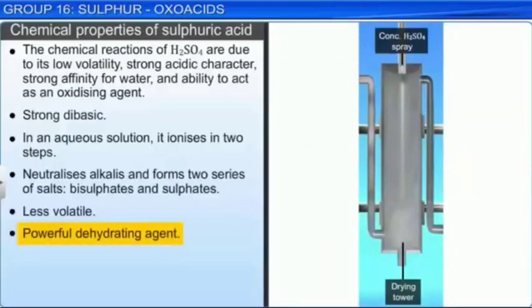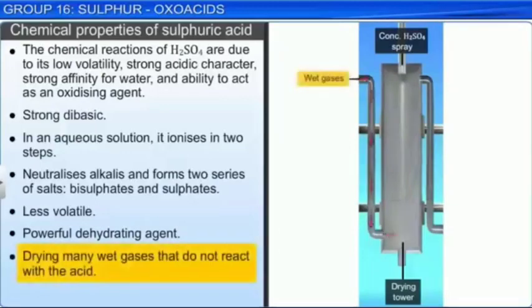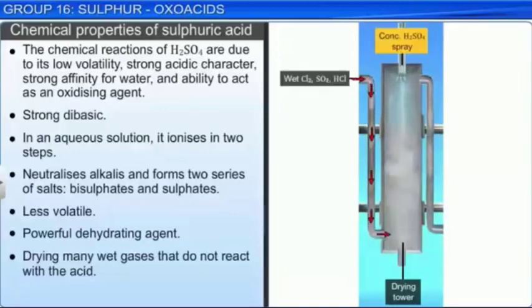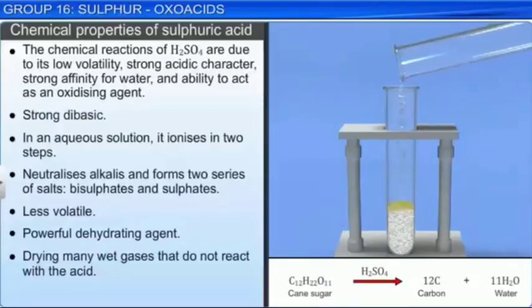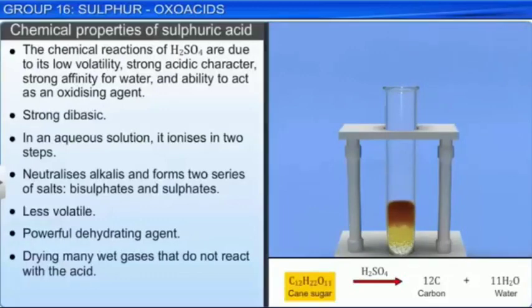The dehydrating property is used in drying many wet gases that do not react with the acid. For example, gases like chlorine, sulfur dioxide, and hydrogen chloride are dried by passing them through sulfuric acid. Sulfuric acid also removes water from organic compounds like carbohydrates. For example, it chars sugarcane, glucose, and starch to carbon.